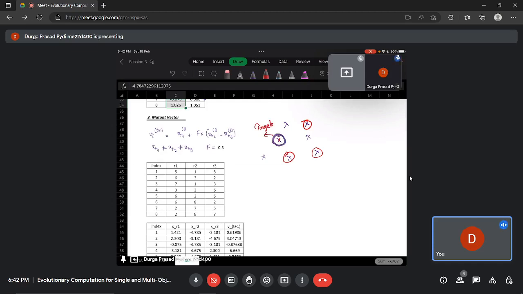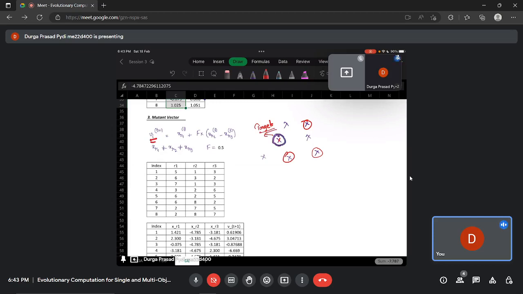and you pick another 3, not the target one. You pick one target individual, say one particle that I have to change, then you select another 3 individuals from the population, and all of the 3 should be distinct. From these 3 vectors, you generate a third vector, that is your vi of t plus 1. You use it to update the target vector.